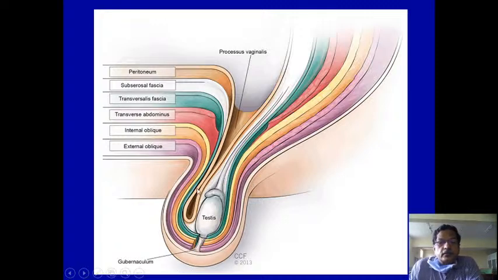See, this is how the scrotum and the testis descent and development takes place. And we should understand all these changes to understand many of the diseases which we are going to talk about a little later.